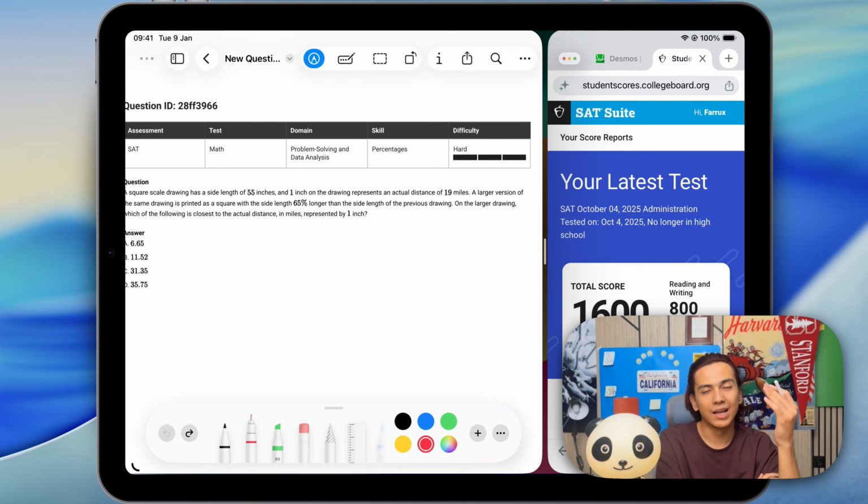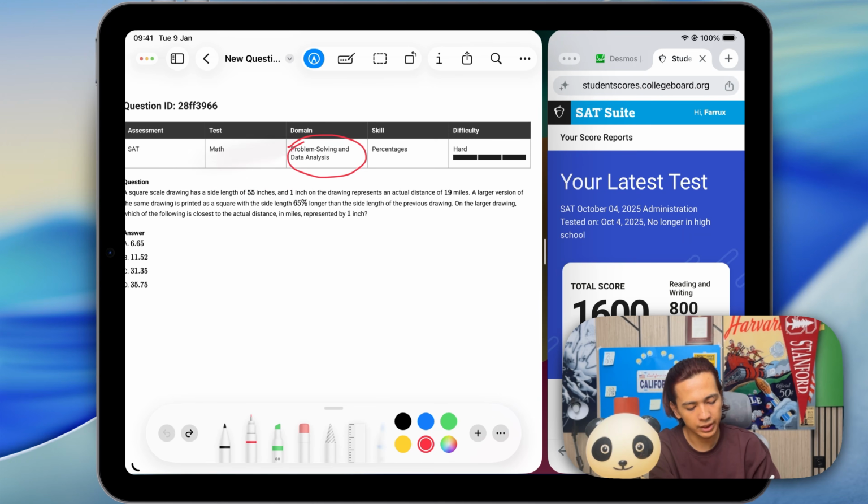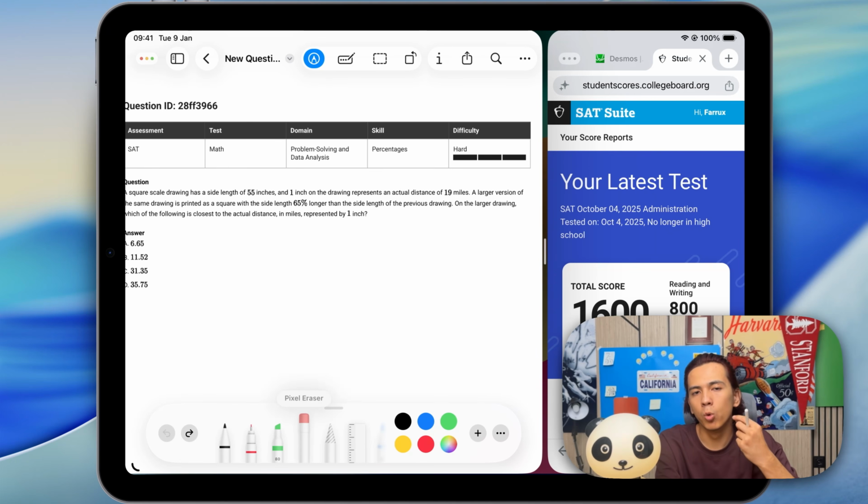In today's video, we're going to look at the problem solving and data analysis domain, which is mostly statistics. We'll have one more remaining video in the series, and that's going to be geometry, the largest section.